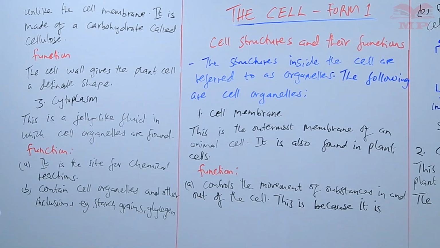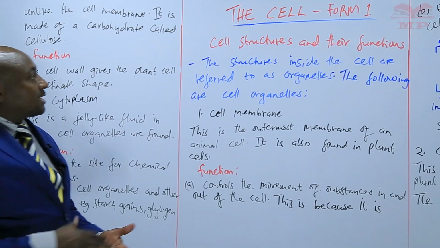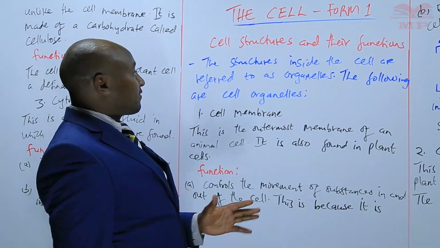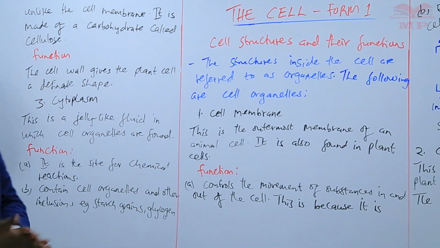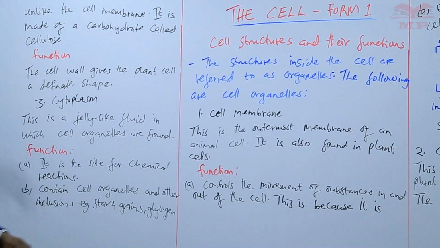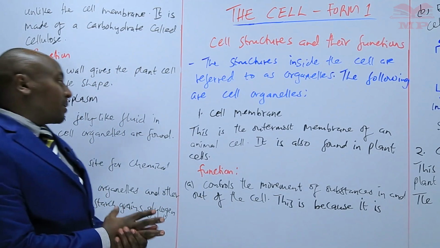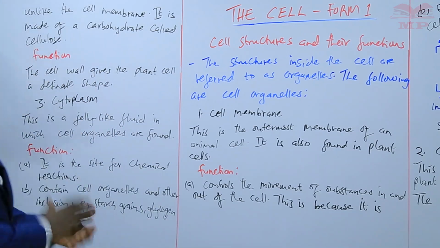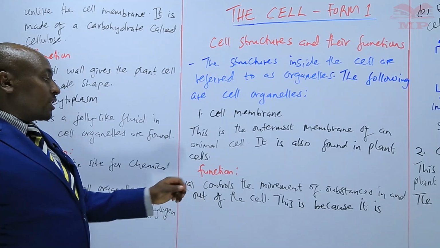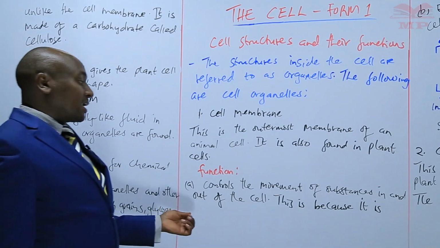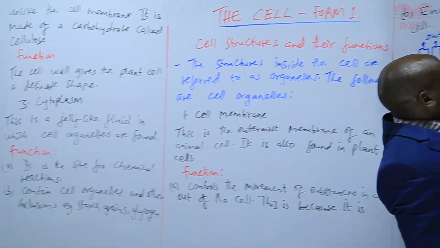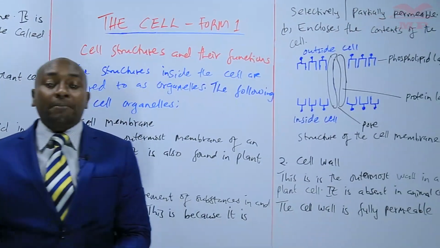So basically, we have learned the cell structures and their functions. And these cell structures are referred to as organelles. There are many. We have only picked 3 of them. The first one is the cell membrane, which is the outermost membrane of an animal cell. It's also found in plant cells. Its function is to control the movement of substances in and out of the cell. And this is enabled by the fact that it is selectively permeable, or partially permeable.